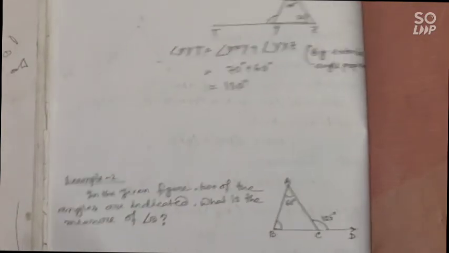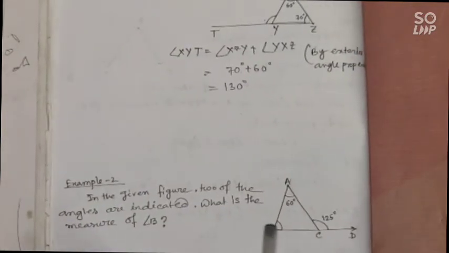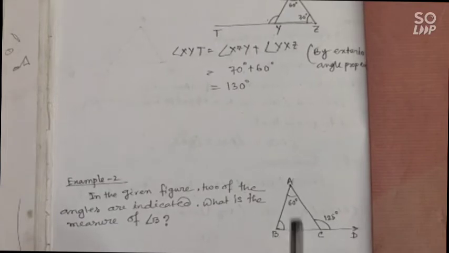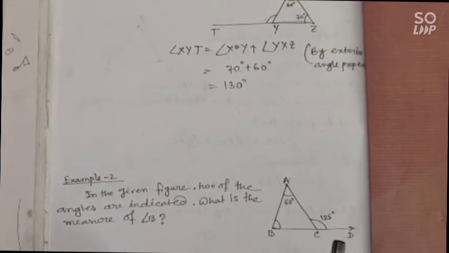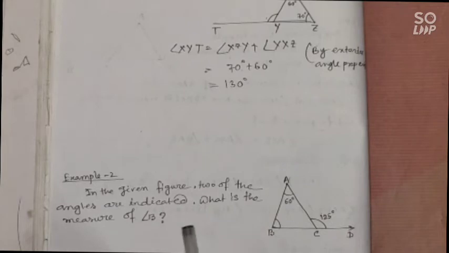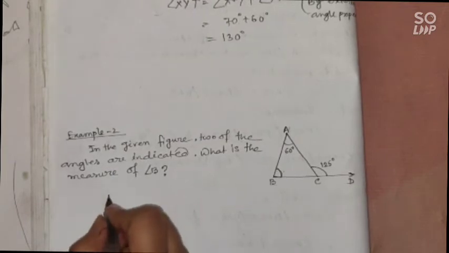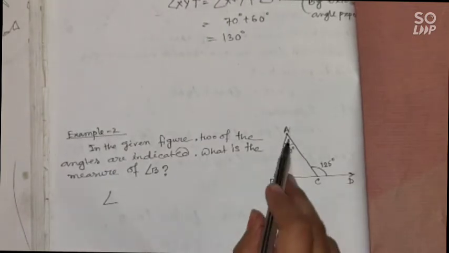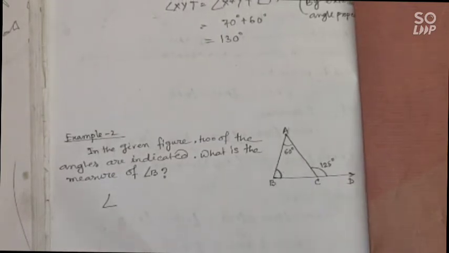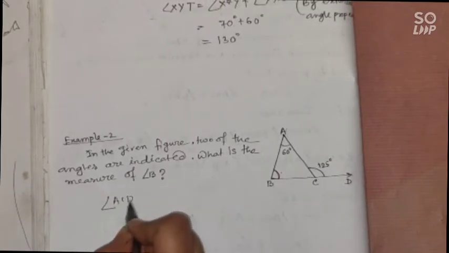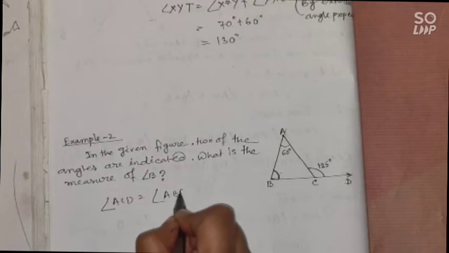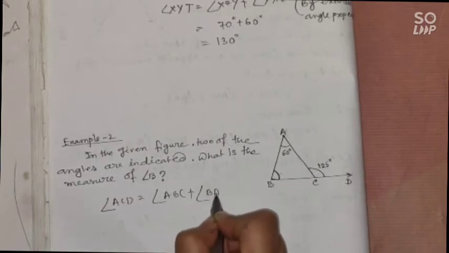Next question, in the given figure, two of the angles are indicated. That means angle BAC is 60 degrees, angle ACD is 125 degrees. What is the measure of angle B? You have to find this value. You know that the exterior angle is equal to the sum of the two opposite interior angles. So, angle ACD equals angle ABC plus angle BAC.